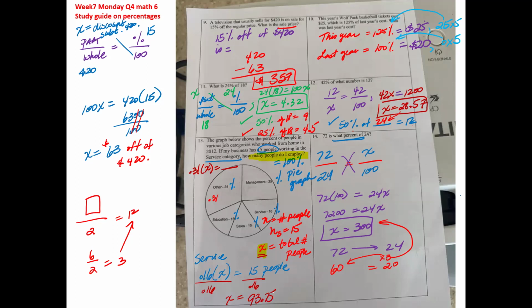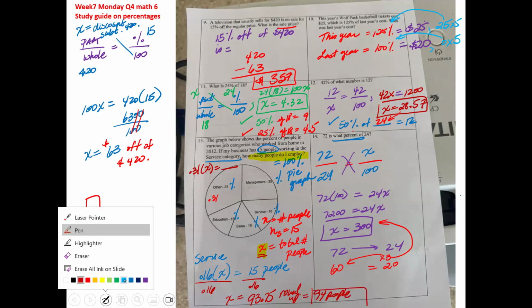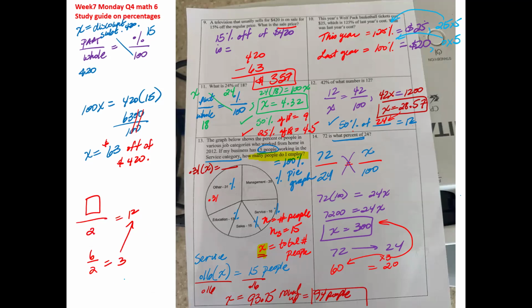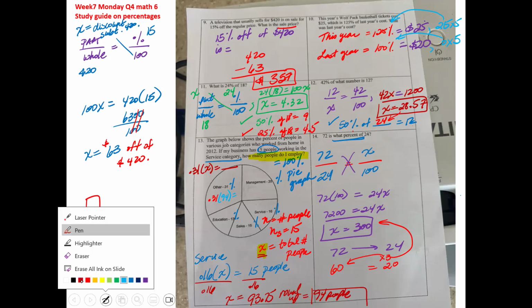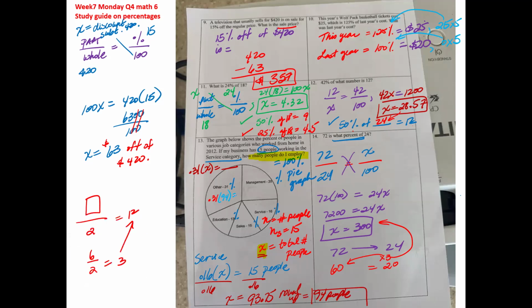Well, I can't really have 0.75 of a person, right? So we're just going to round up and say 94 people. Does that make sense? So if you have 94 people, take 94 and multiply it. What is 94 times 0.31? 29.14.